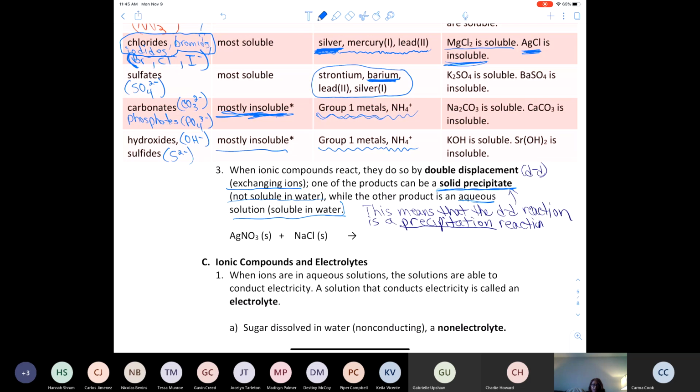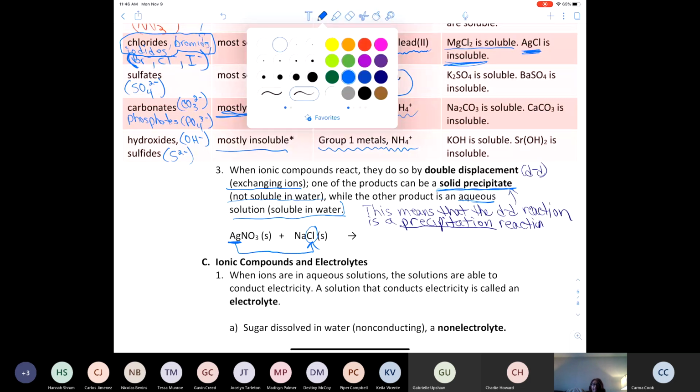So when silver nitrate reacts with sodium chloride, the ions will exchange. Silver is paired with nitrate, but think of it as it's going to break up with the nitrate and get a new partner. Its new partner is going to be the chloride ion. So it's going to steal sodium's partner.